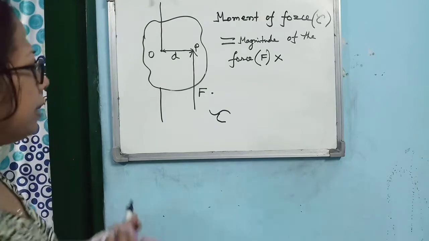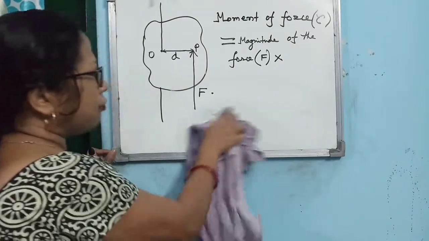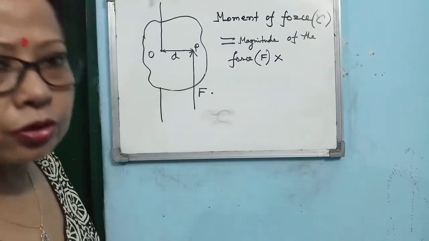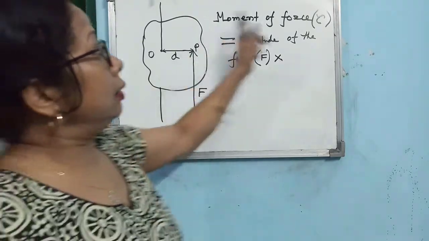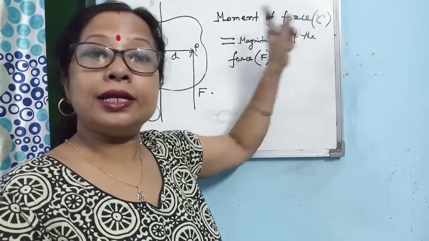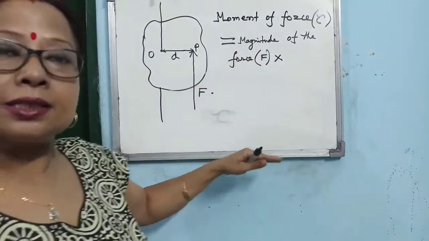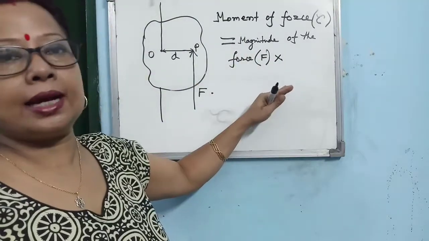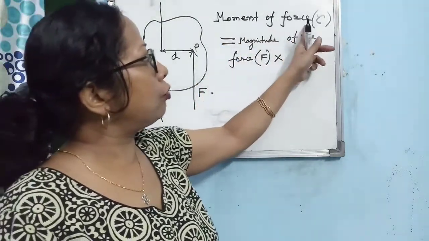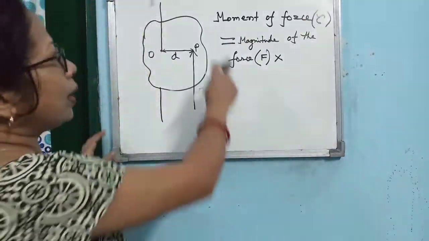Whenever you are learning any physical quantity, you should also try to remember the letter we generally use to denote that particular term. Then while writing the answer, your task will be easier. Instead of writing the entire term moment of force, if you write tau, that is also okay. Is that clear? So what is moment of force?